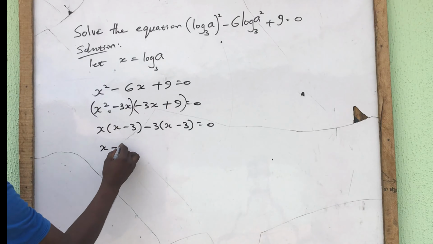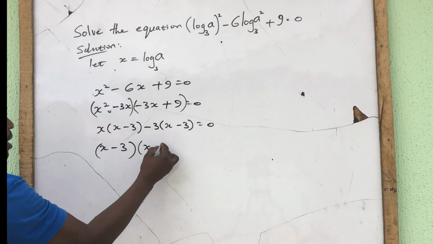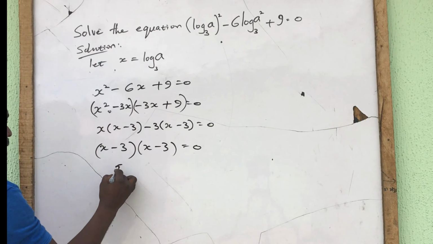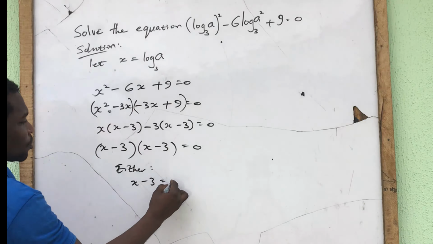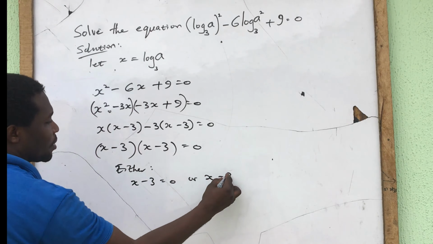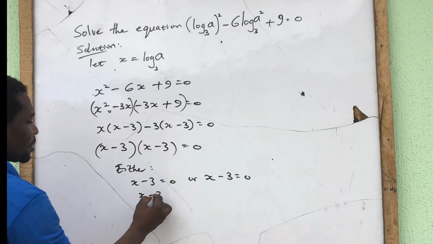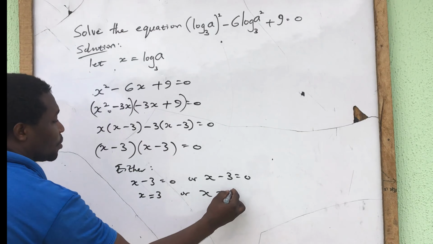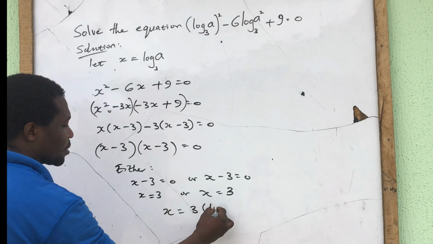Therefore x minus 3 is common, so x minus 3 equal to 0. Either x minus 3 equal to 0 or x minus 3 equal to 0, so x equal to 3 twice.